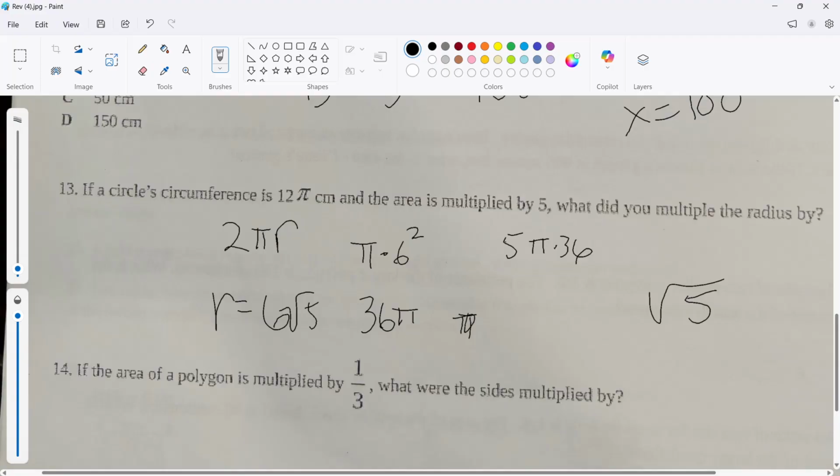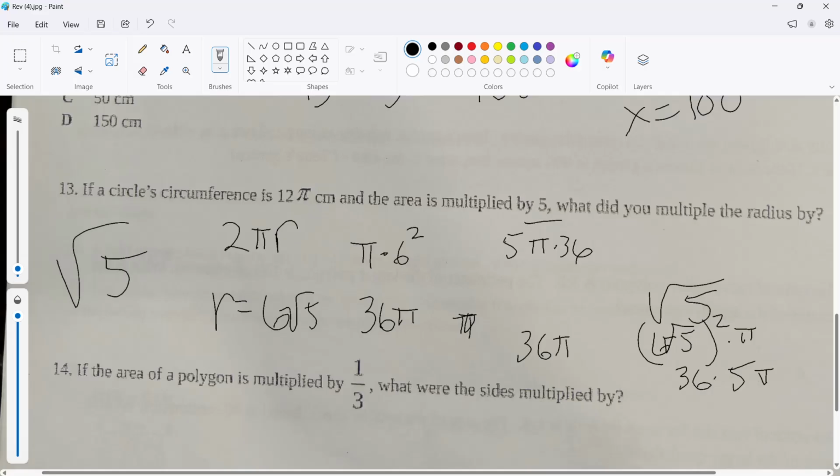The new area would be pi times (6 square root of 5) squared, which is 36 times 5 pi. So I multiplied it by square root of 5. So the area multiplied by 5, the radius, the linear measure, would be multiplied by square root of 5.